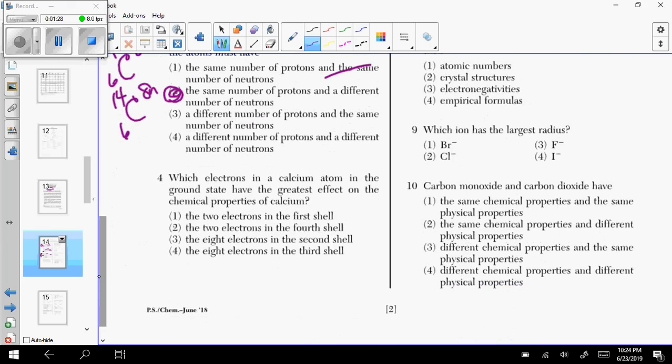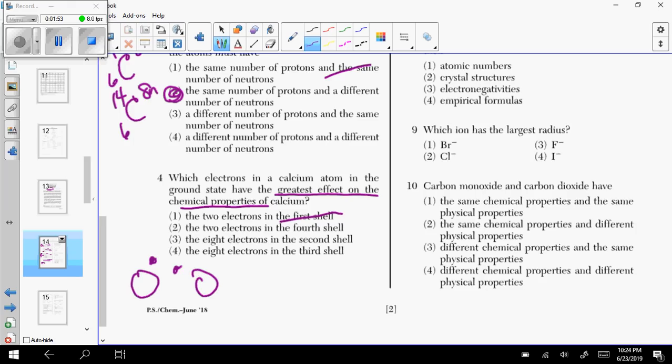There it is. Which electrons in a calcium atom in the ground state have the greatest effect on the chemical properties? So the ones that have the greatest effect on properties are the outermost ones, because if you think about it, the thing on the very outside is what's going to come in contact with another atom. So it's not going to be the first.